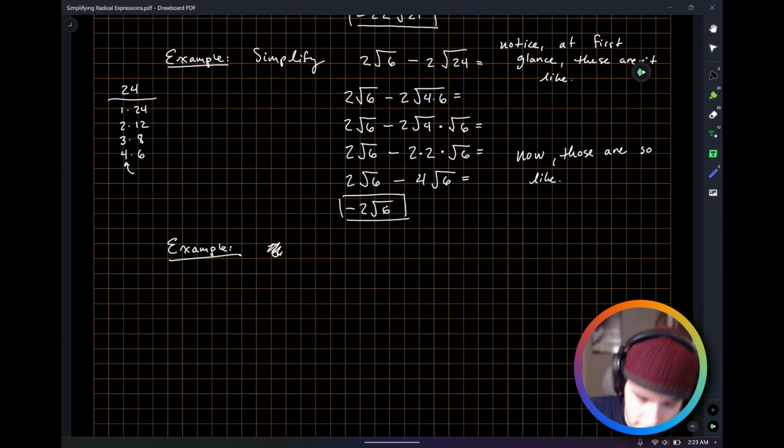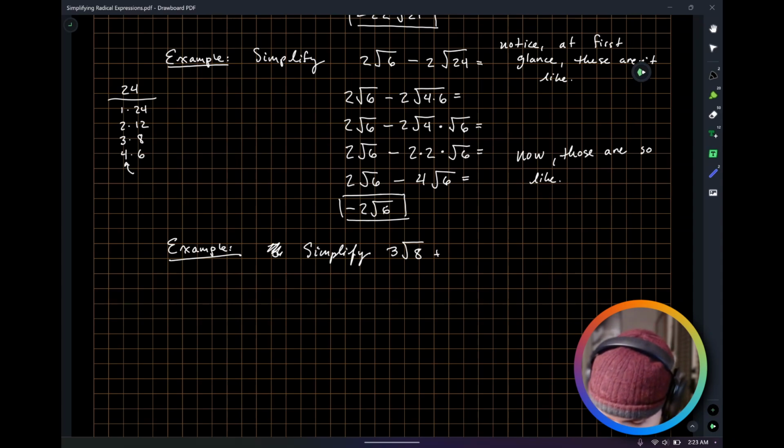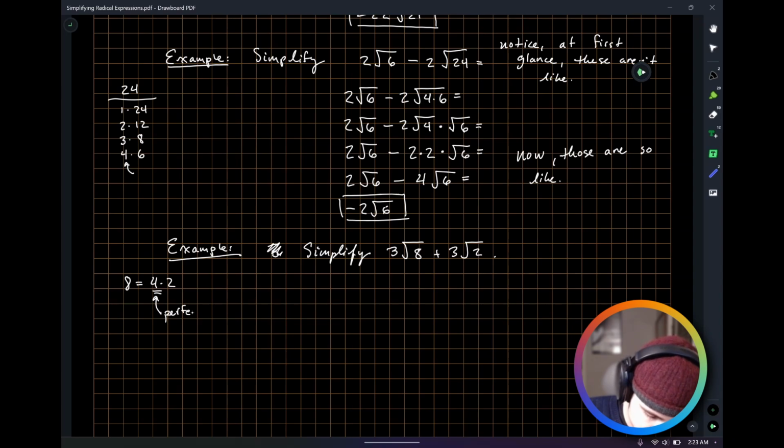Alright. Let's say we're asked to simplify. This is why we use pencil, folks. 3 times the square root of 8 plus 3 times the square root of 2. Again, at first glance, not like, but hey, 8 equals 4 times 2, and 4 is a perfect square.